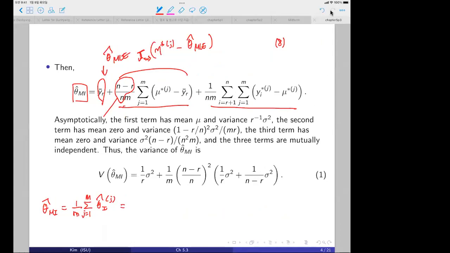And then this one is delta I times y I plus 1 minus delta I times mu star J plus y I star J minus mu star J, something like that.